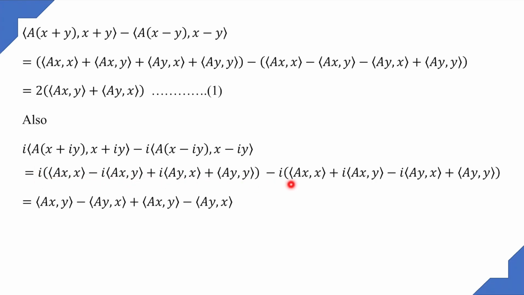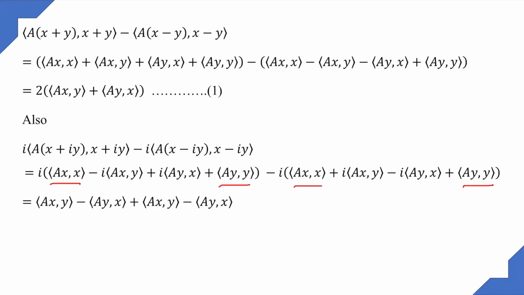Take I inside and here take minus I inside, so that we will get I inner product axx here, I inner product axx minus I inner product axx, so it will get cancelled. Then I inner product ayy here minus I inner product ayy here, it will get cancelled.